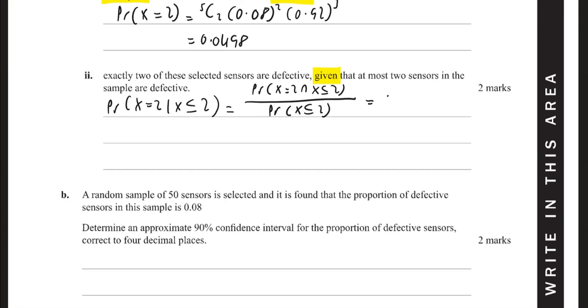And this simplifies to Pr(X = 2) divided by Pr(X is less than or equal to 2). I can just use your answer from the previous part and just sub that into the numerator, and then evaluate the other part of the fraction with your CAS. You get this, and when you simplify the fraction, you get 0.0501.